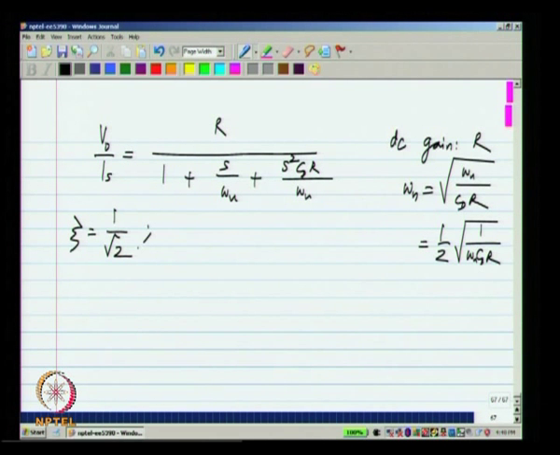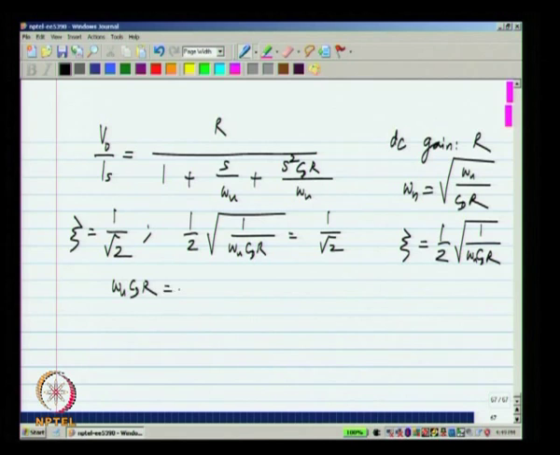So, this means that half square root of 1 over omega u C D R is 1 over square root of 2. So, omega u C D times R happens to be half. Okay, that is what comes out of this one.